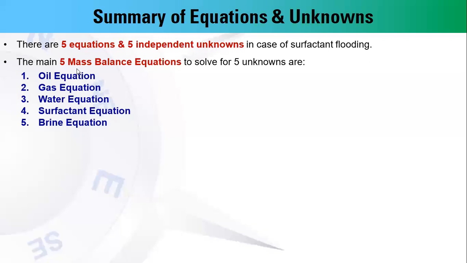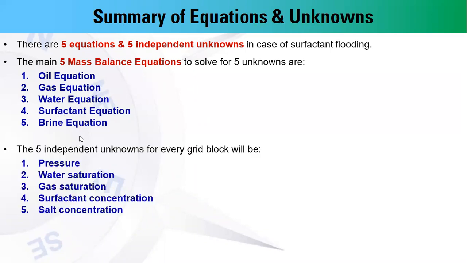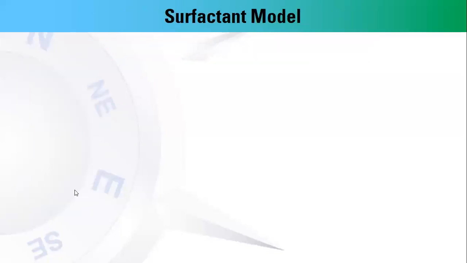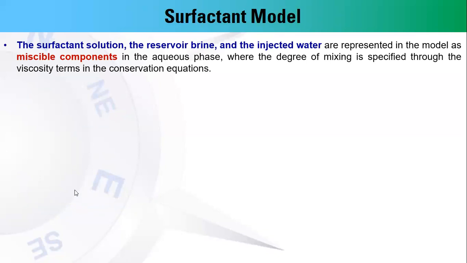So we have the 5 equations we have to solve: for oil, gas, and water, an equation for surfactant, and an equation for the brine. And these are all the unknowns we have. So in the surfactant model, we have surfactant, reservoir brine, and injected water.